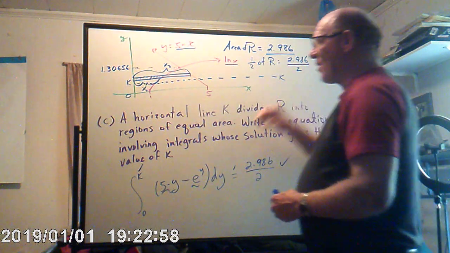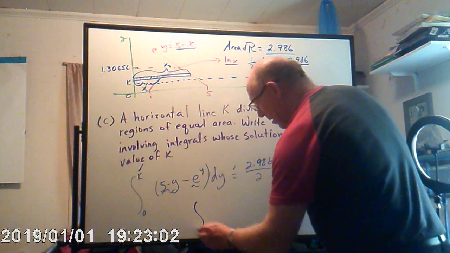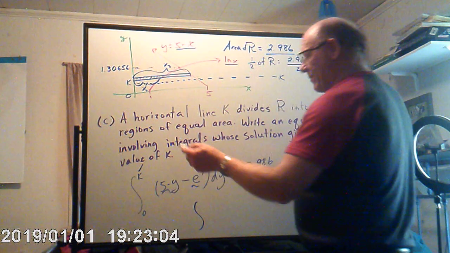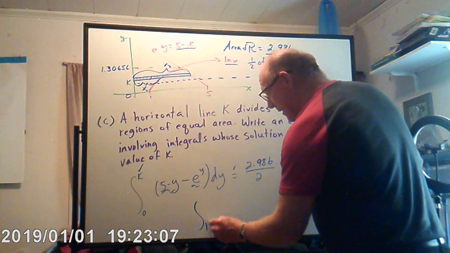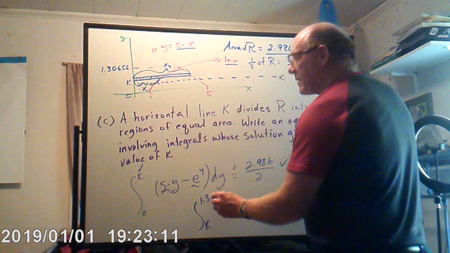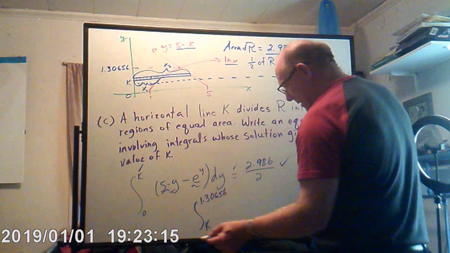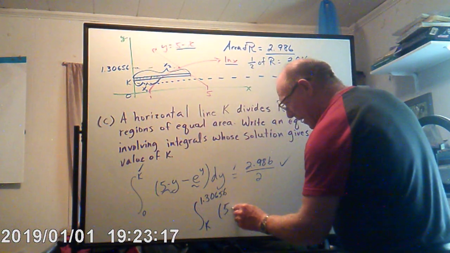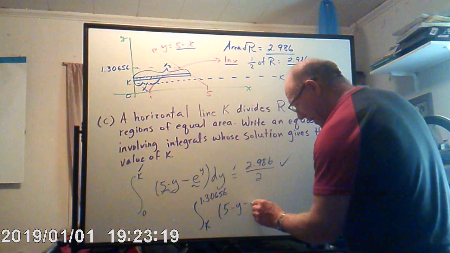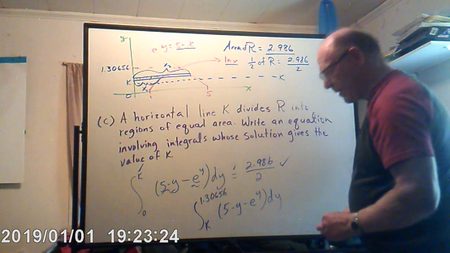Could you have gone from K to 1.30656? That is an approximation. The integral of 5 minus y minus e to the y dy. Certainly you could.